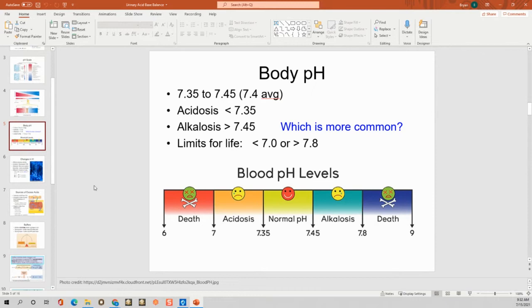But what are the ERs and the EMTs supposed to be doing with these patients that they know are going into acidosis? They're putting them on a bicarb drip. Yes, no, maybe so? If anybody's ever worked in a hospital, they know about these bicarb drips. They throw them into these patients that have acidosis.